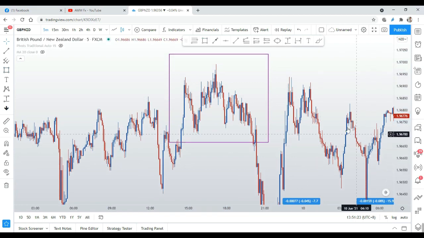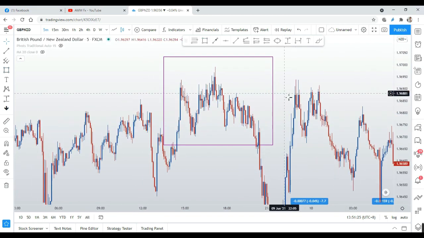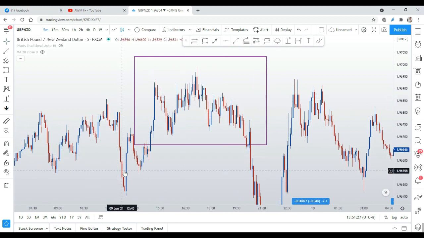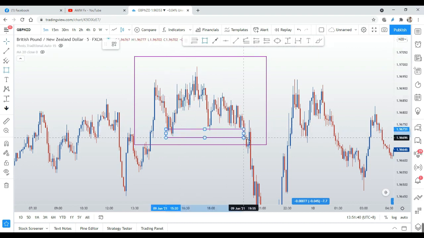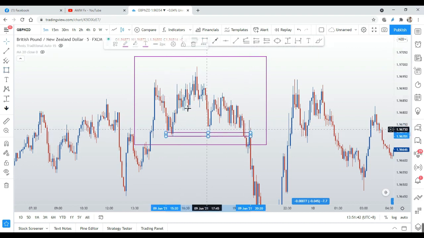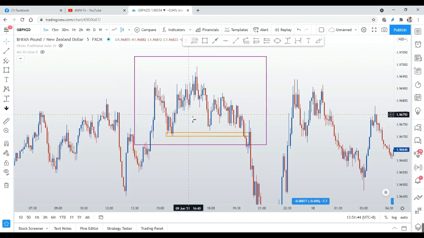Can you see that there is a QML setup over here? Higher high, higher low, higher high, higher low, ultimate higher high, before it drops and breaks the previous low. All right, before it breaks this low over here, orange color. Can you see this is the break?